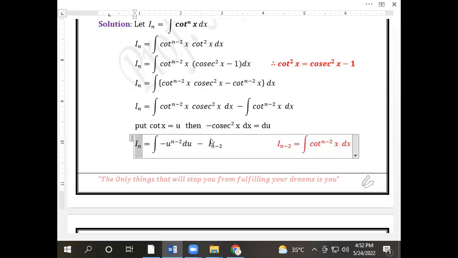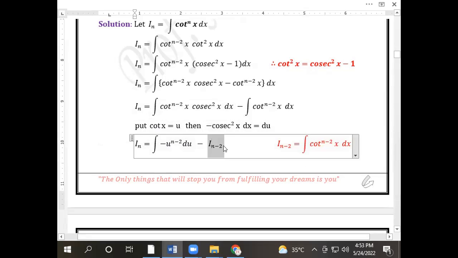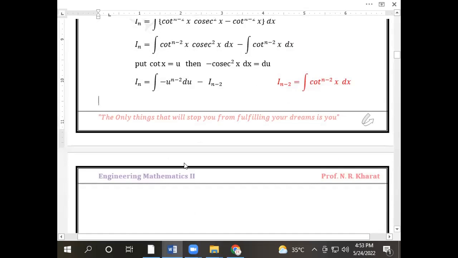The cot index is n minus 2, so it becomes minus u raised to n minus 2 du. And the integration of cot raised to n minus 2 x dx is nothing but I of n minus 2.